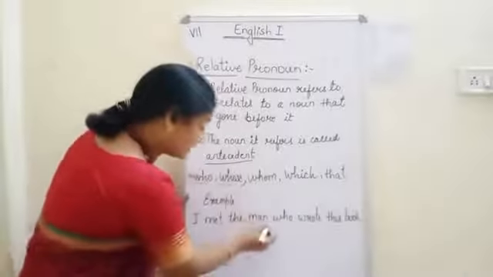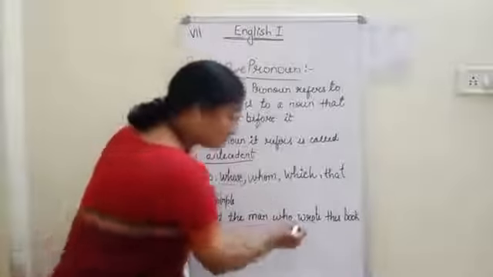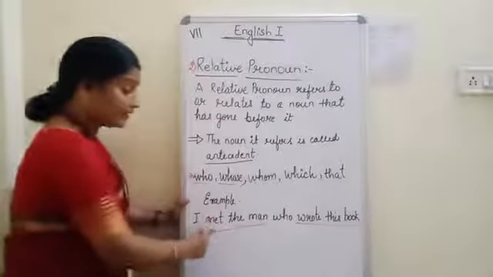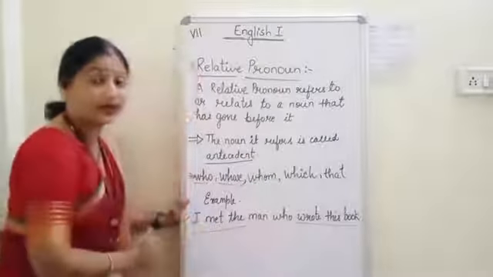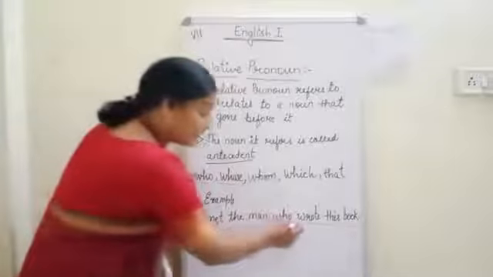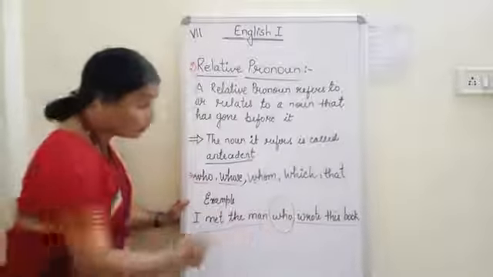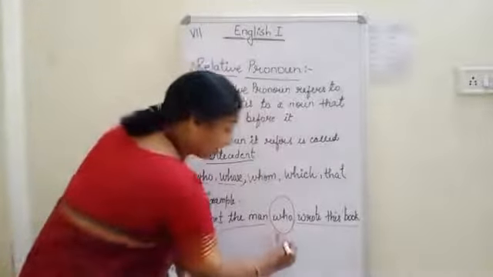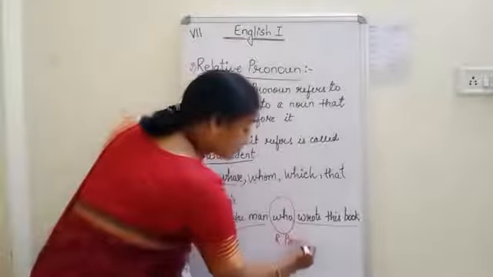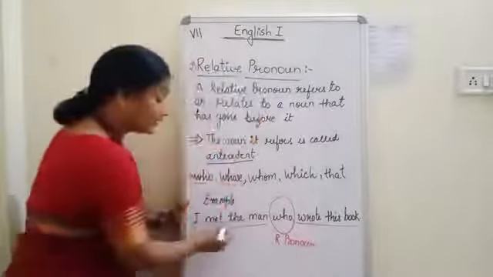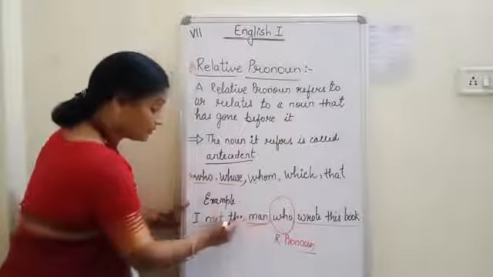So this sentence and this part of the sentence, these two are related with one another, and they are related by a word named who. So this who is your relative pronoun, and the man is a noun.